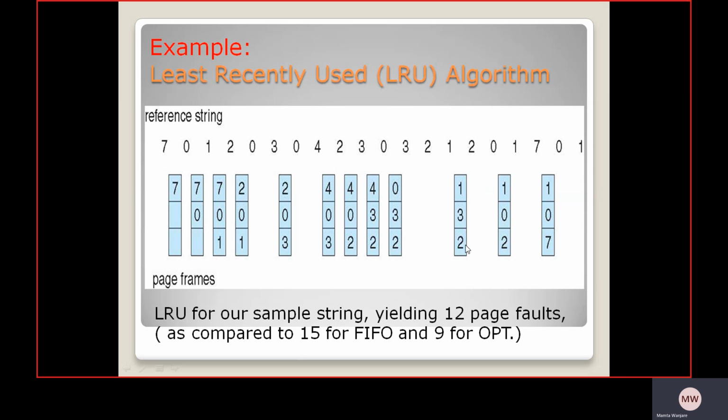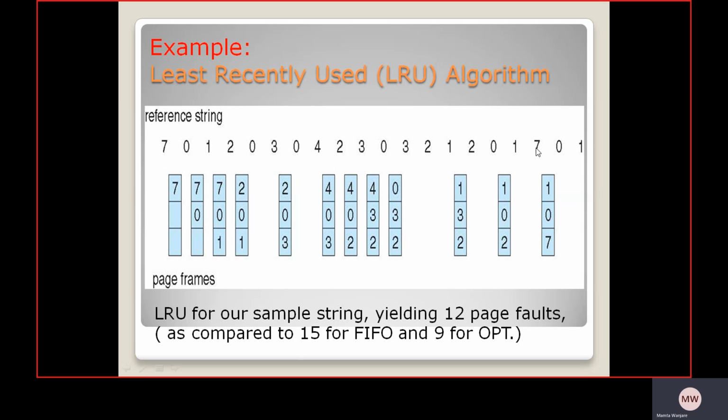So 1, 3, 2 is there. 2 is already present in the buffer, so 2 is a page hit. For 0, again check backward. 1 and 2 are already there, so replace 3 and put 0 instead of 3. So 1, 0, 2 is there. Then 1 is already present, so 1 is a page hit.